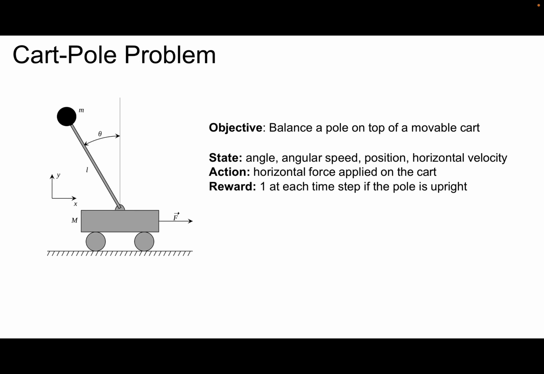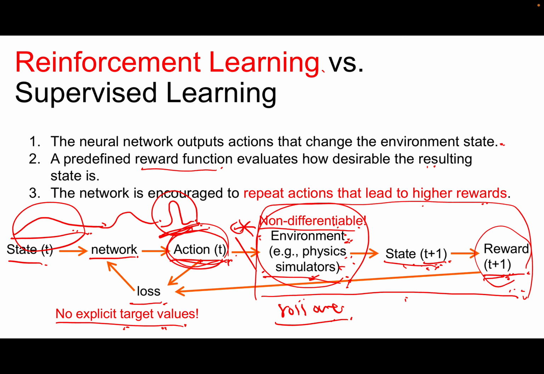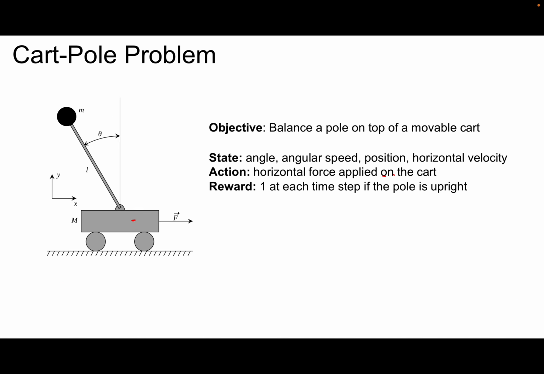And let me introduce some examples of RL used back in the day. The cart pole problem. The objective is to balance a pole on top of a movable cart. The state is angle, angular speed, position, and horizontal velocity, and the action is the horizontal force applied on the cart. So the neural network takes the state as input and outputs the action.